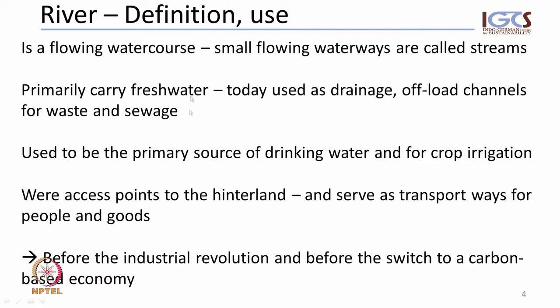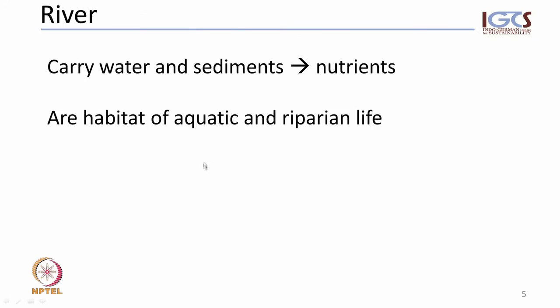Most of these uses, which are so important and relevant, were most relevant before the Industrial Revolution and before we switched our economy to a carbon-based economy. So many of the uses are now defunct because of water pollution and of drying up of rivers.